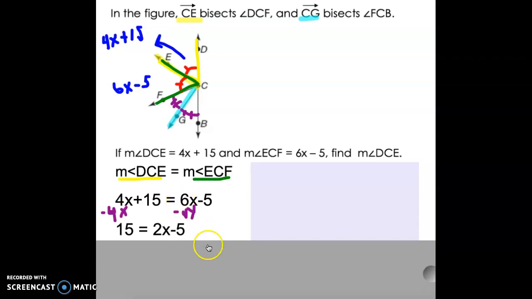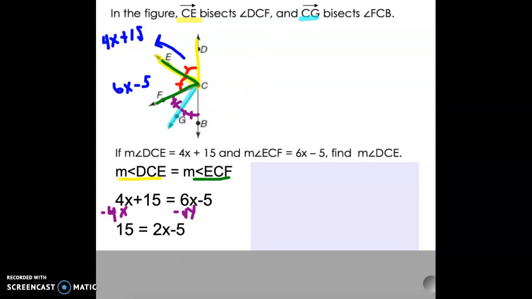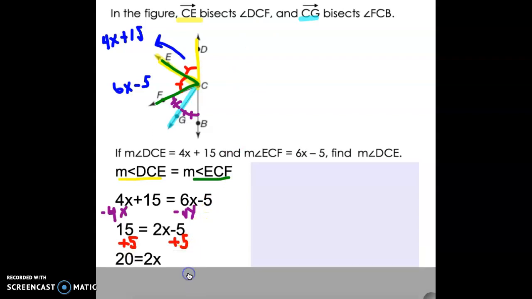Now remember, the goal is to get x by itself. So to move that minus 5 over, we need to do the opposite of subtracting 5, which is adding 5. So we're going to add 5 to both sides of the equal sign. When we do that, we get that 20 is equal to 2x.